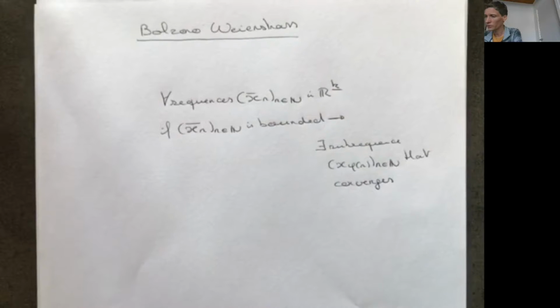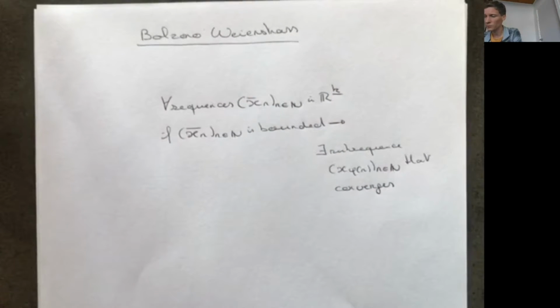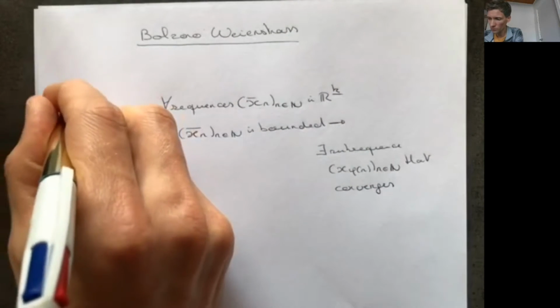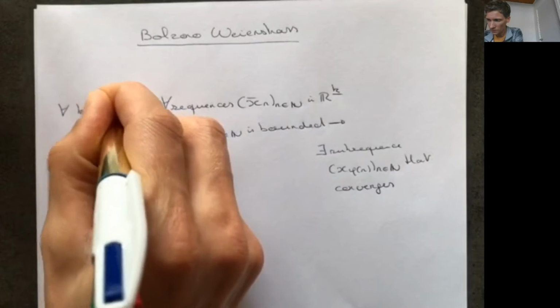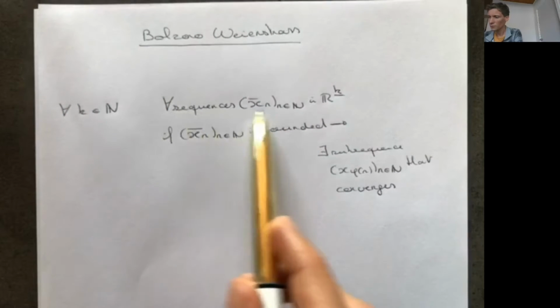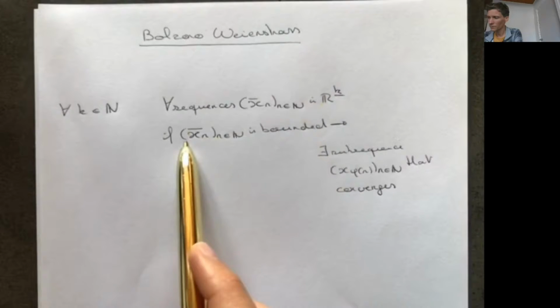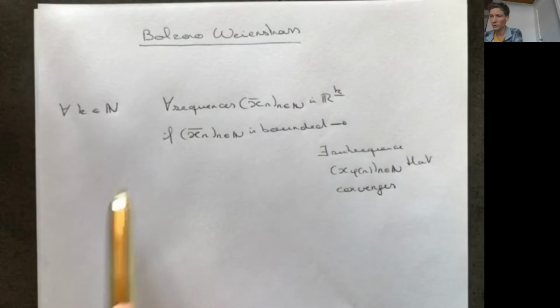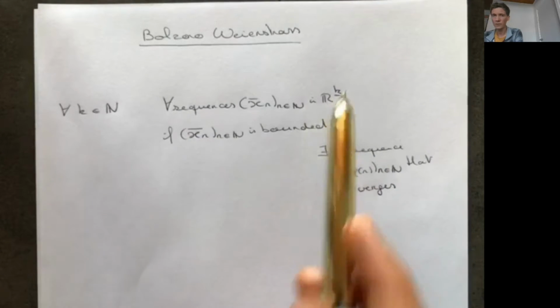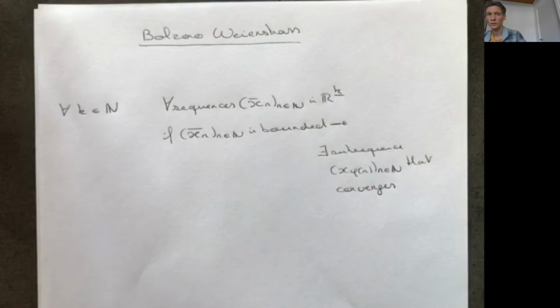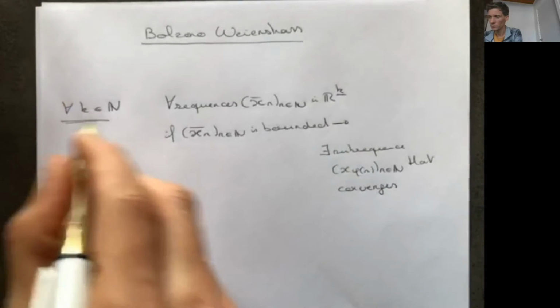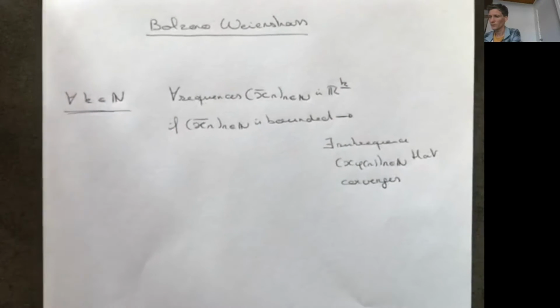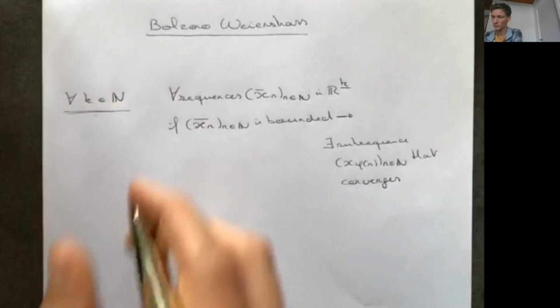Basically, this theorem says that for all k in N, and for all sequences in Rk, if the sequence is bounded, then there exists a subsequence that converges. So we want to prove this for every possible dimension that we can think of. We're going to prove this for every k, and we're going to do induction on k.